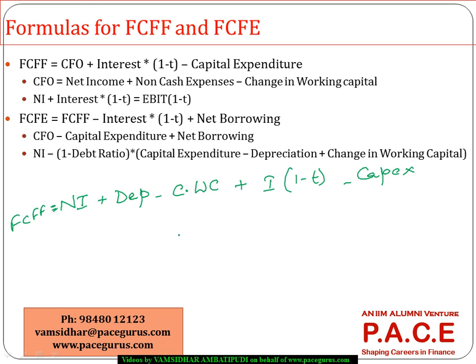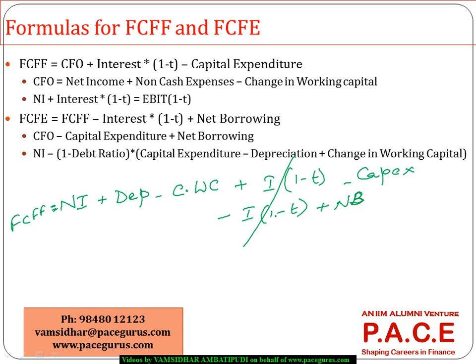And when it comes to FCFE, I am subtracting I into 1 minus T here and I am adding net borrowing. If it is a repayment, then it would be a subtraction. If it is a new borrowing, it is an addition. So for FCFE, this term may get struck off.